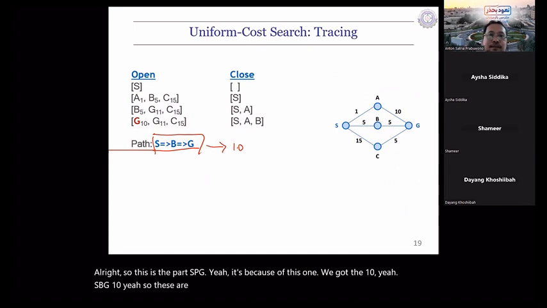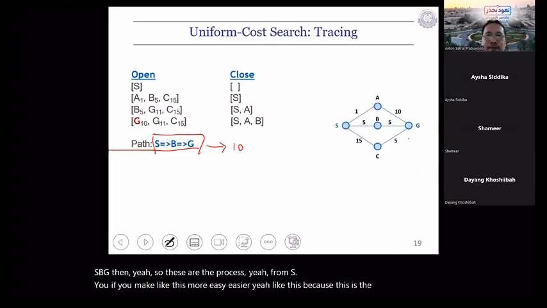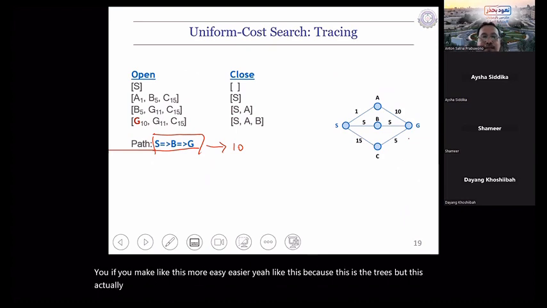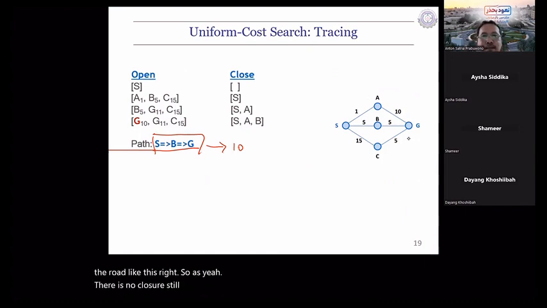If you make it like this, it is easier. This is the tree, but actually it is a road like this, right? So S, there is no closed yet. S is still open. Then from S, there are A, B, C: A with 1, B with 5, C with 15.